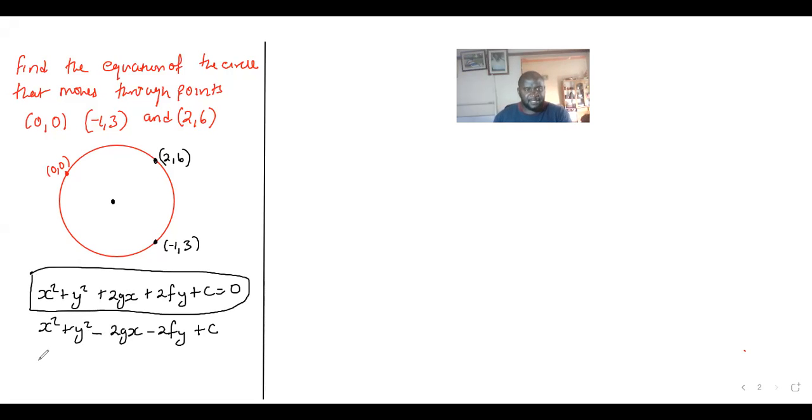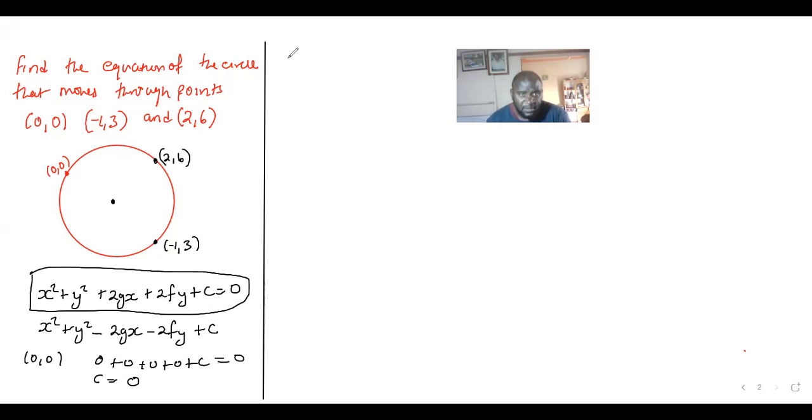So in that case, if I substitute the point 0, 0, we shall have c is equal to 0, because I will have 0 plus 0 plus 0 plus 0 plus c is 0.